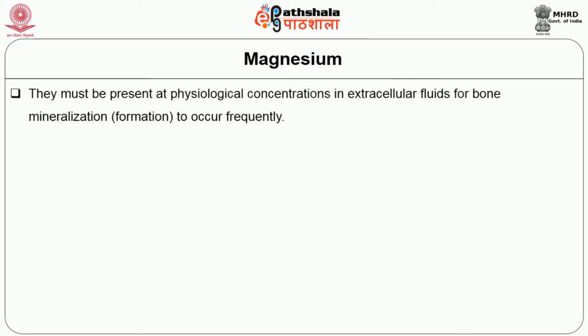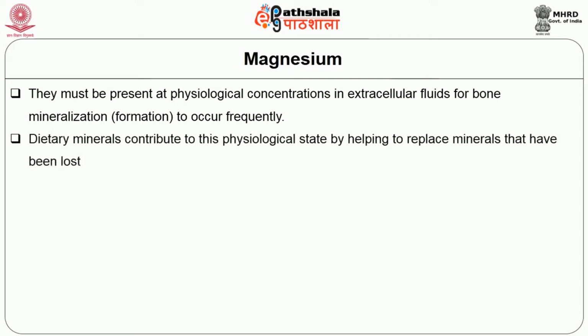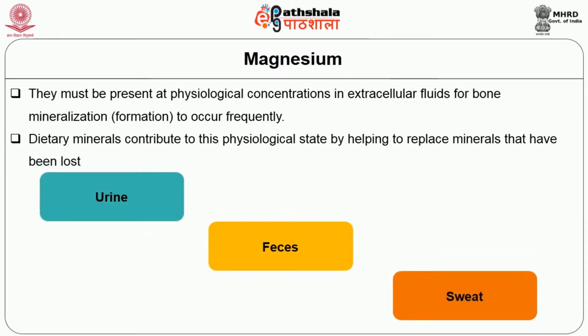They must be present at physiological concentrations in extracellular fluids for bone mineralization, that is formation, to occur. Dietary minerals contribute to this physiological state by helping to replace minerals that have been lost in the urine, feces and sweat.